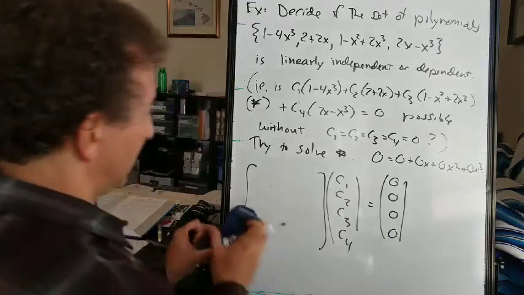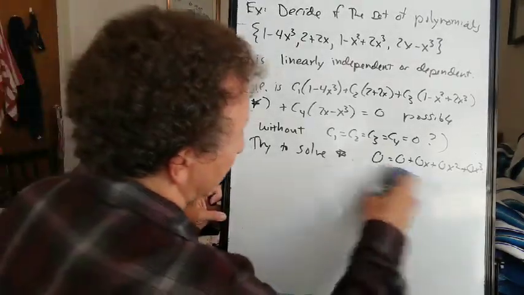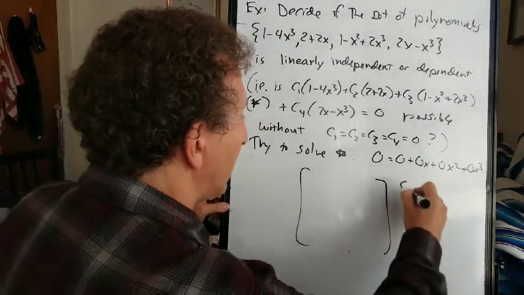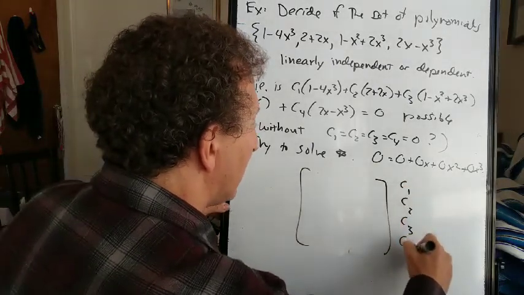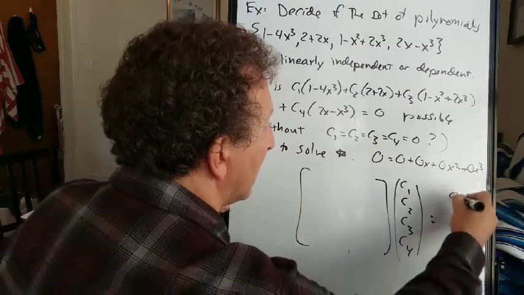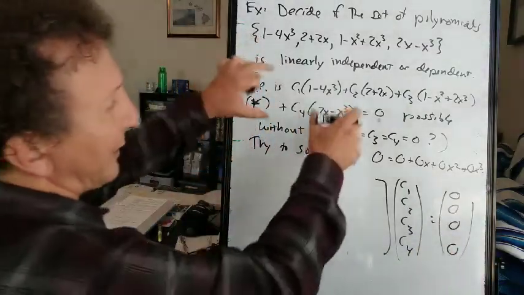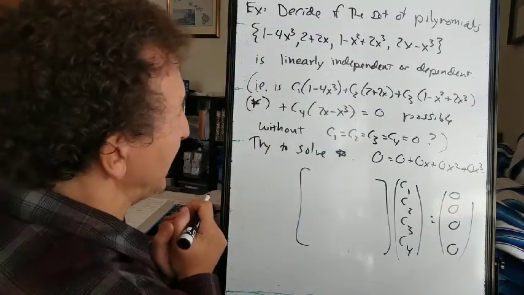So let me give myself a little bit more room here, because we have to think about what the equations are. We're going to break this equation into a couple of linear equations.